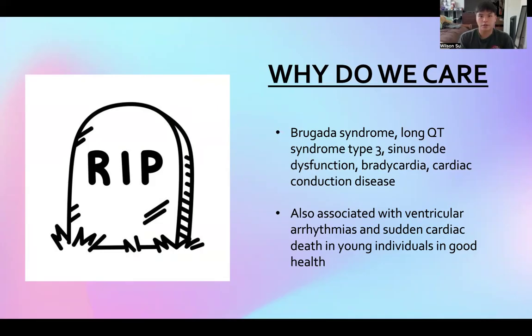During the study, I also found that there were ventricular arrhythmias or sudden cardiac arrests in young individuals who are healthy, if not healthier than the average individual. All these syndromes and diseases are heart conditions that either give an extra beat, or beat too slow or too fast, when your heart contracts and rests.